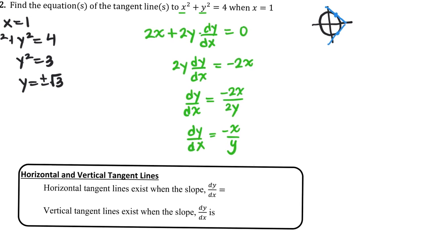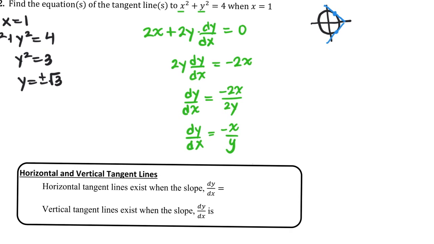Okay, now let me find the slope. I should have left more space. I'll put it over here. Okay, now there's 2 equations. So what was my first one? At (1, positive square root 3) first, what is the slope going to be? m is going to equal negative x over y.